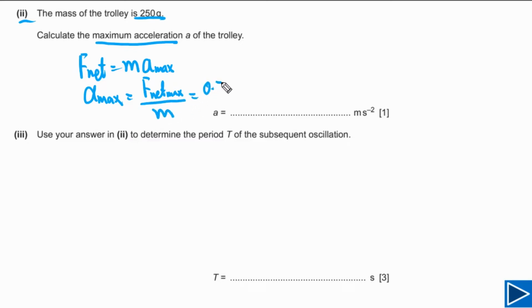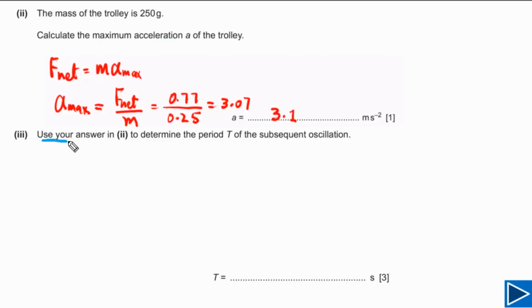F net maximum is 0.77 newtons and the mass is 250 grams. If we divide by 1000, we get 0.25 kilograms, and our final answer in this case will be 3.07. Given data has only 2 SF, so our final answer should also have 2 SF. So we can write our final answer as 3.1 meters per second squared, the maximum acceleration of the trolley.